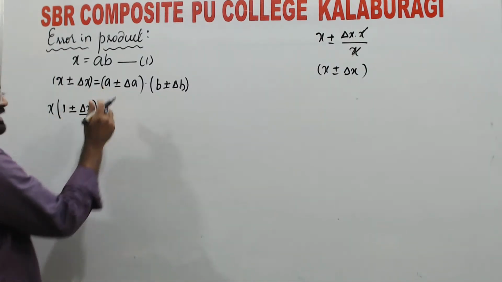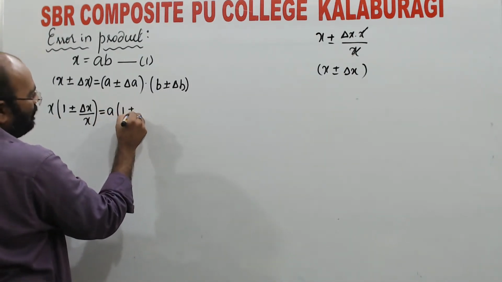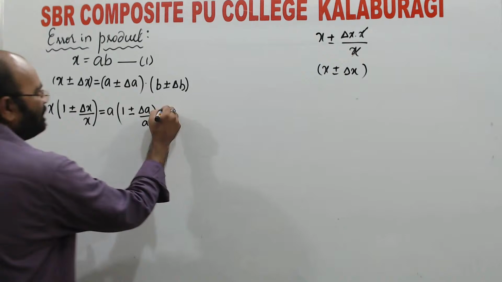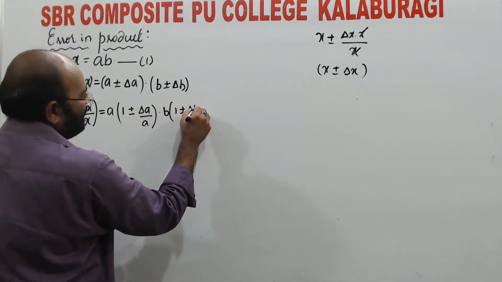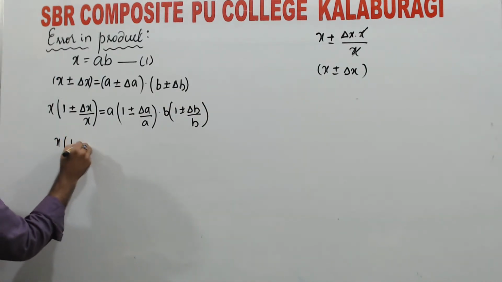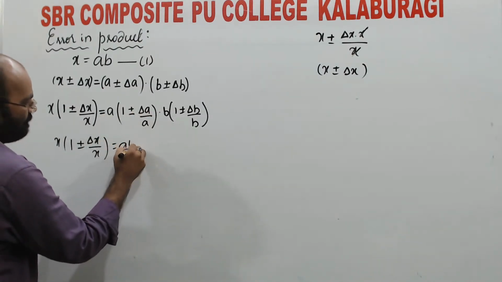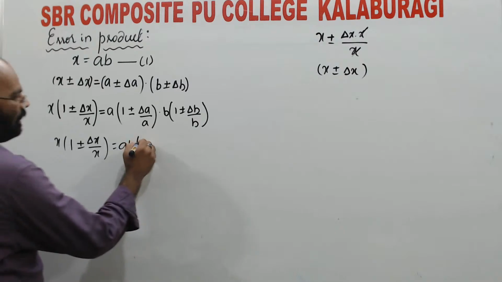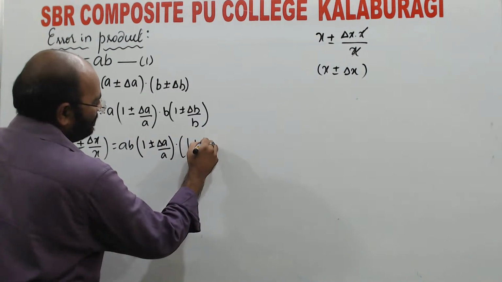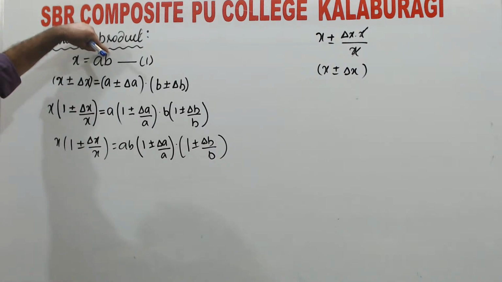Similarly, if I take A outside, the same process: 1 plus or minus delta A by A, into B, 1 plus or minus delta B by B. Then simplify: x into 1 plus or minus delta x by x equals AB into 1 plus or minus delta A by A into 1 plus or minus delta B by B. From equation 1, AB is the product x.